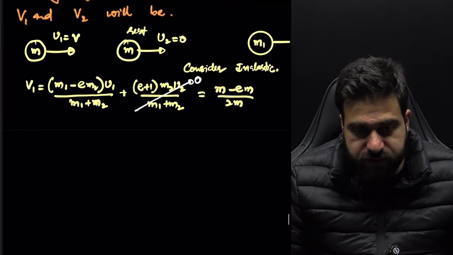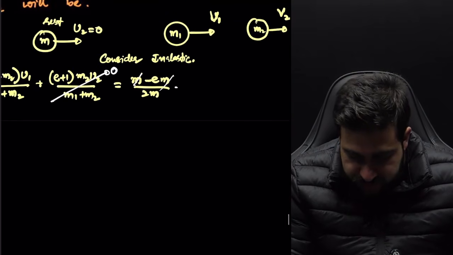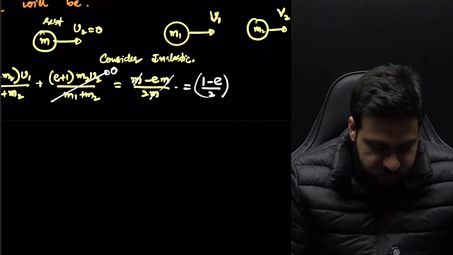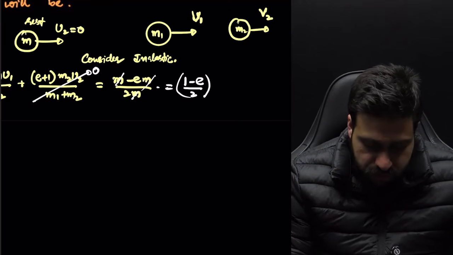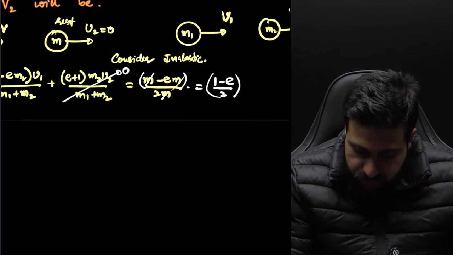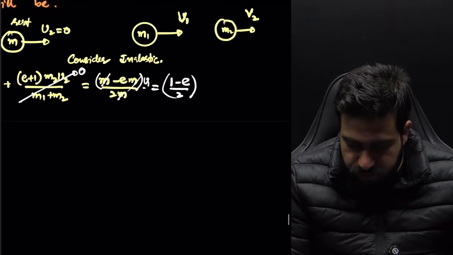So this is the velocity of the first mass. You can cancel this M also. So what remains? (1 minus E) divided by 2 times U1, and the value of U1 is V. So instead of U1, I'll write V.